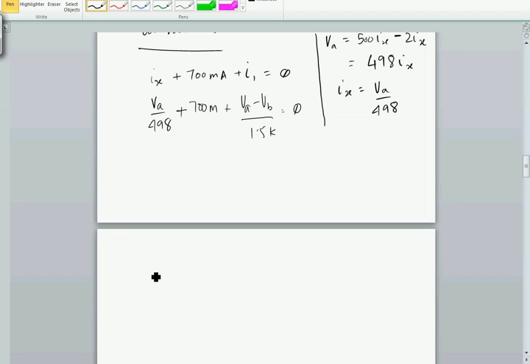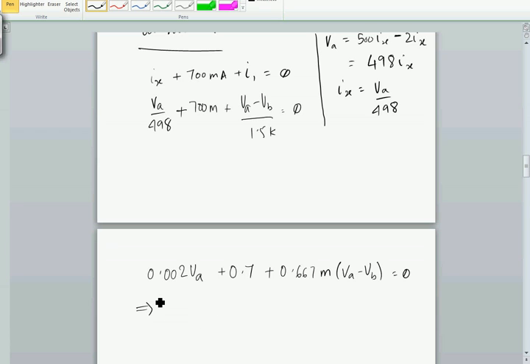So that's 0.002 VA plus 0.7 plus 0.667 milli times VA minus VB is equal to 0.